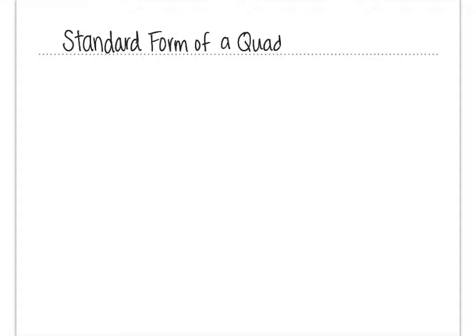The first thing that we need to talk about is the standard form of a quadratic. When we are solving quadratic equations, we need to have the equation written in standard form, and many times it does not start in standard form.